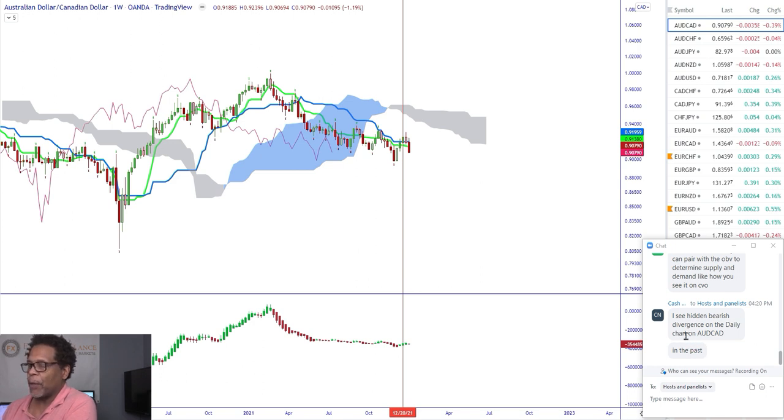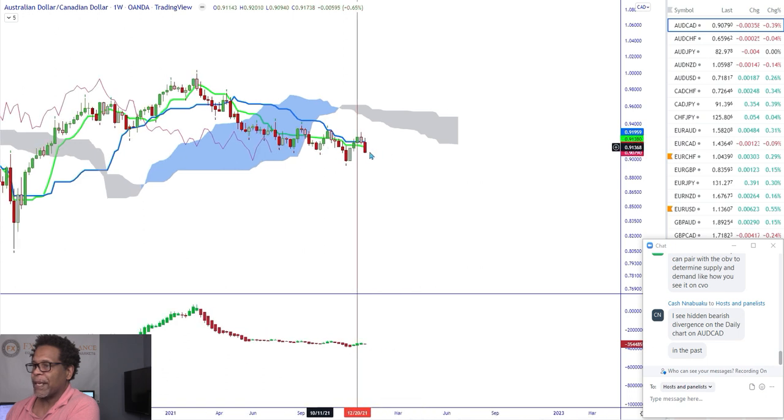Now, the thing that I would look at is, when we look at my other charts, when I'm using the order block zones, because that's true to the fact that order blocks show supply and demand for sure. But what we're looking at here is a bearish market on the weekly time frame, and I don't see any change happening.